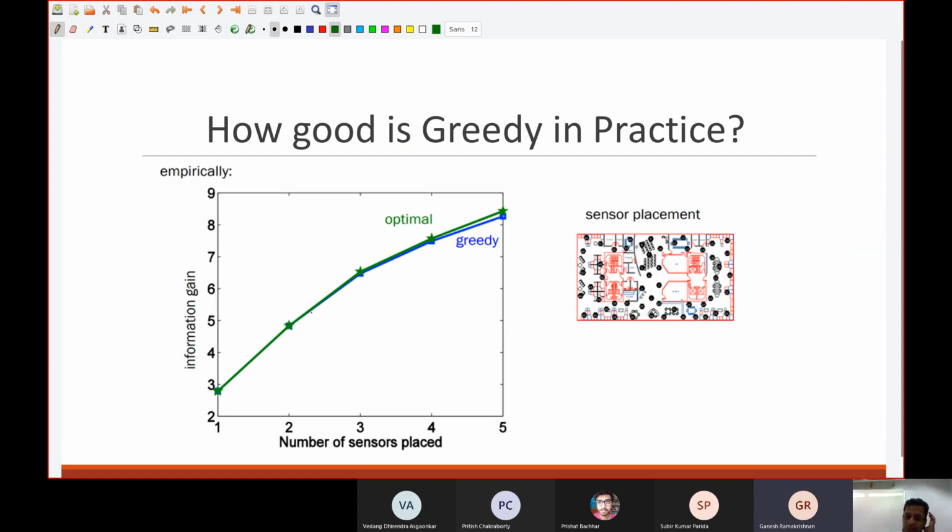Then you look at that as a function of the number of sensors placed. You'll find that the greedy algorithm is not too far from the optimal. Of course, as the number of sensors placed increases, the gap can be expected to widen, but it's sometimes within 90%, 95% of the optimal solution. So, how good is greedy in practice? Greedy can be very good in practice.